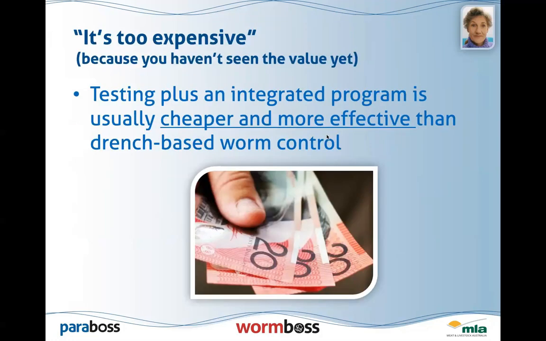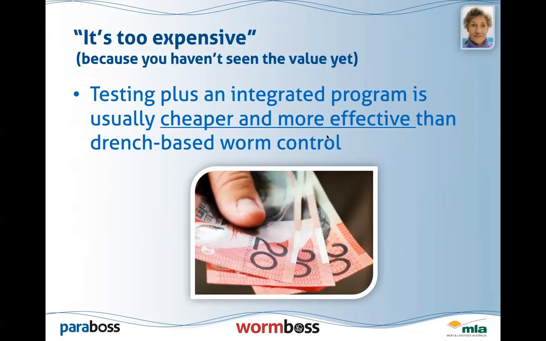Now, finally, there's a proportion of people that do think that testing is too expensive, but if you do nothing to take your reliance off drenching, then the time since last drenching or seeing signs are valid indicators that a drench is needed.